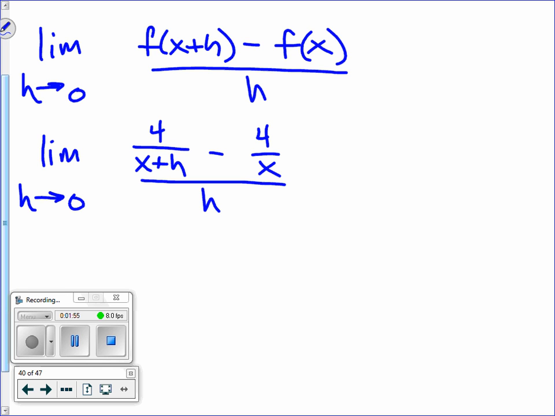I got rid of the parentheses this time. I've also gotten in the habit of putting f of x in parentheses too. It's just good policy to keep those parentheses around x plus h, but also around the entire function f of x. Hopefully at this point you realize when you need them and when you don't, okay?